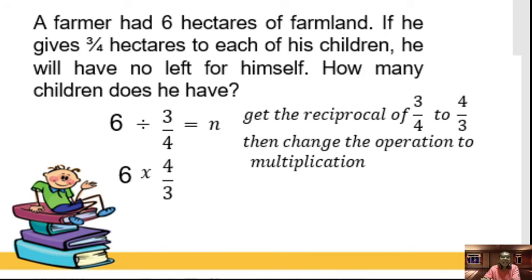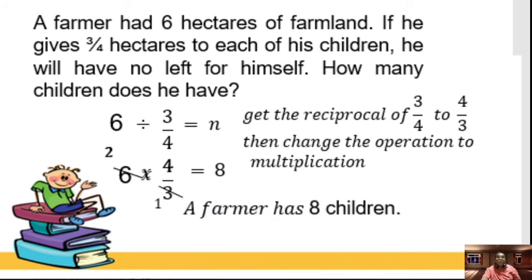So you can cancel 6 and 3, and that will become 2 and 1 respectively. Then 2 times 4 equals 8. And the denominator of 8 is 1. So we don't need to write 1 under 8 because that is already a whole number. So the farmer has 8 children.